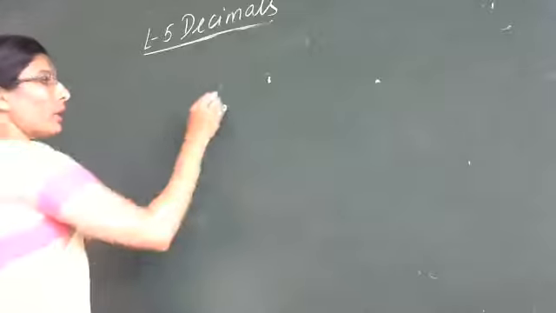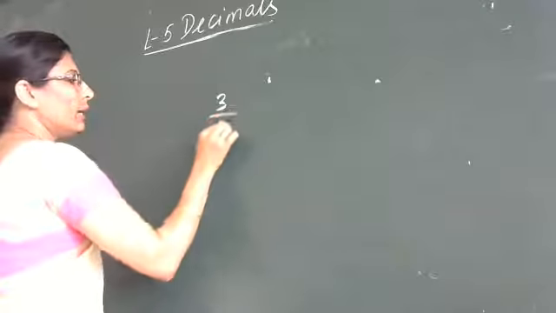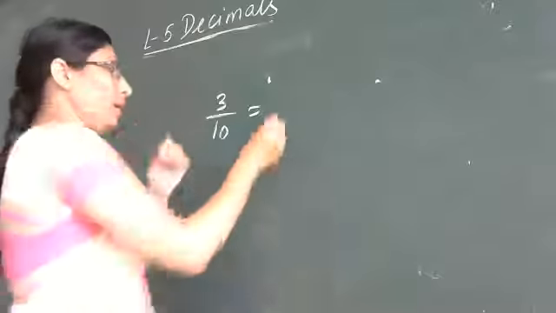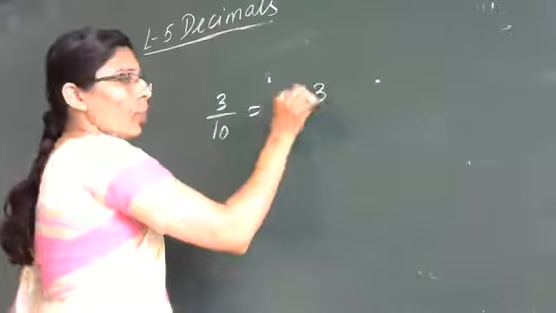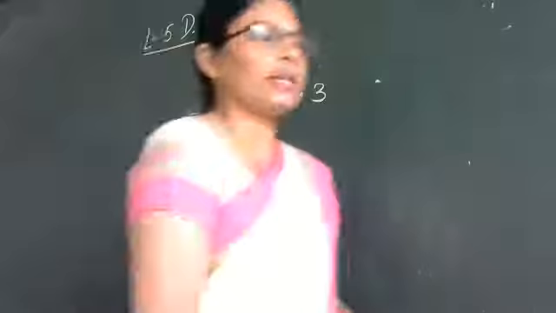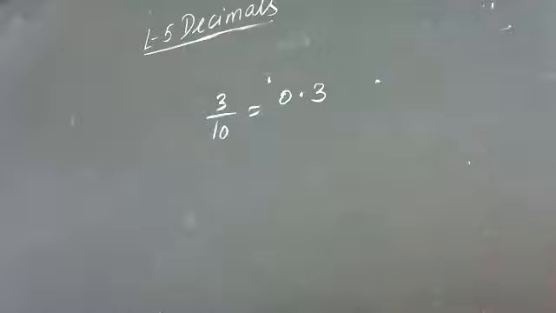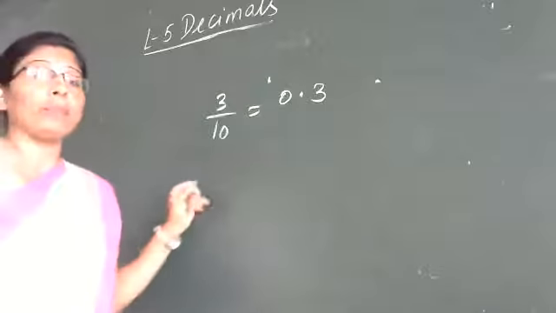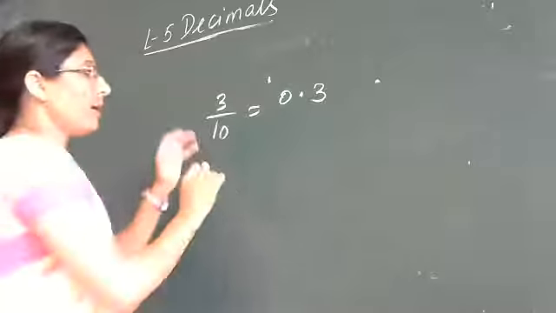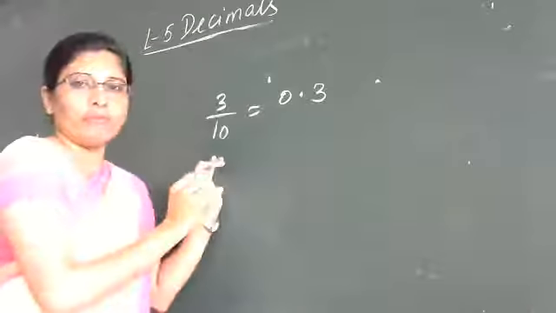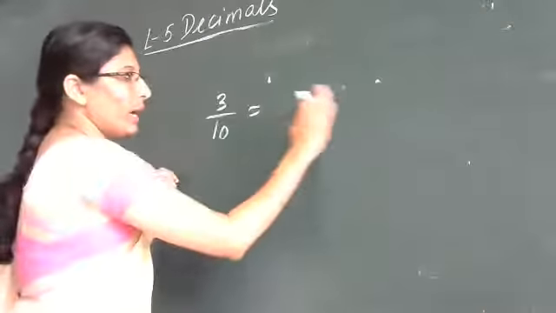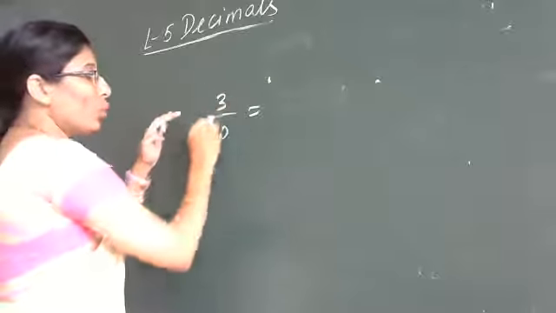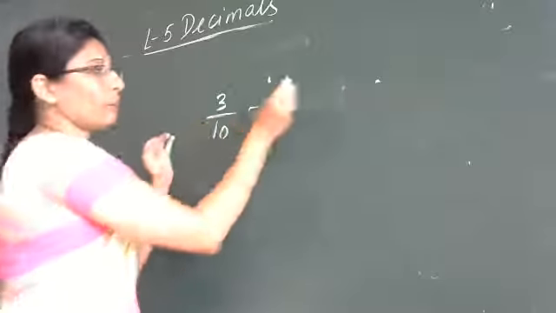Now for example, 3 by 10. Yes, directly you are telling 0.3. Yes, it is correct. But how to write properly, you see here. Whenever we have to convert a fraction into a decimal, what do we need to do? First, here we have to write the numerator.